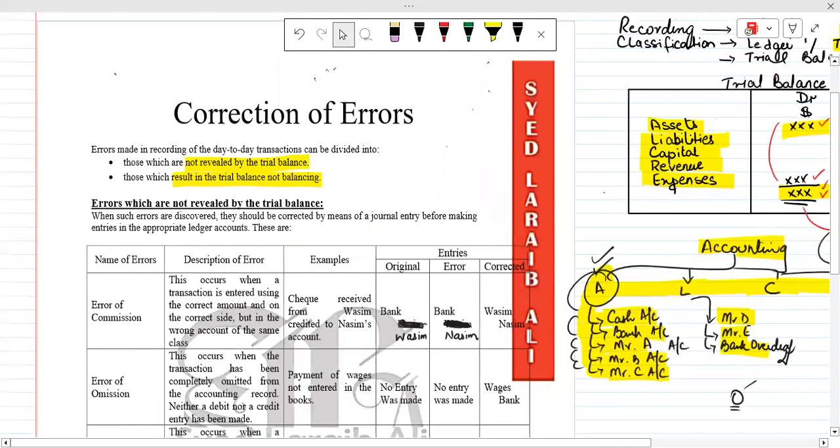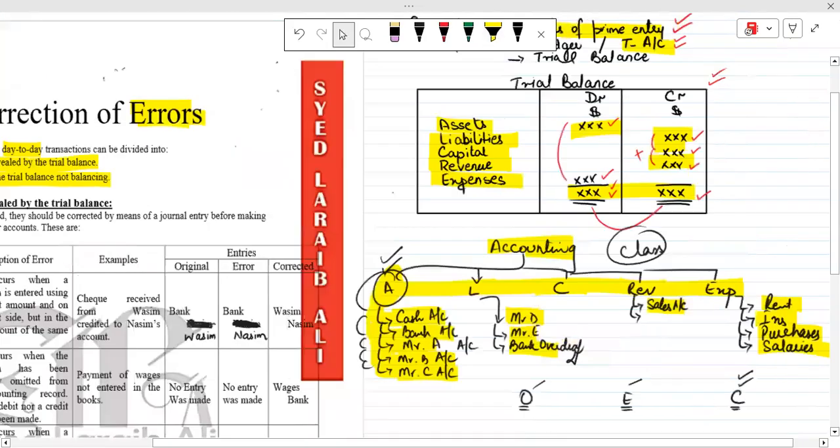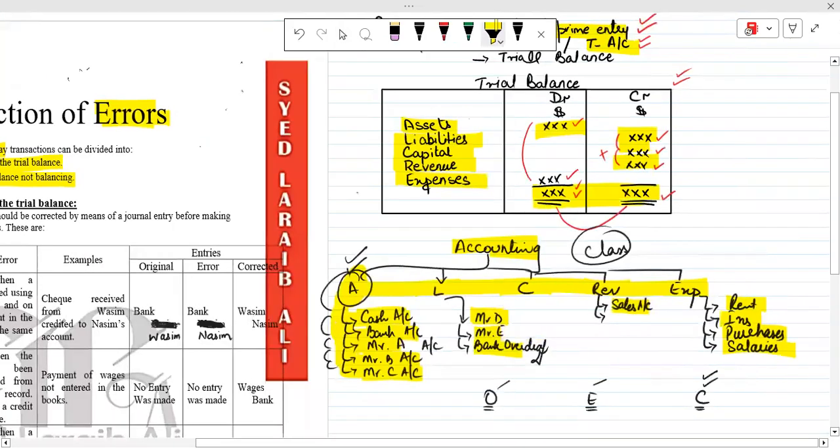As we said, there are errors which occur in day-to-day transactions, and these errors have been classified into two. First, errors due to which the trial balance is not affected. Remember, the trial balance is not going to be affected. Why? Because the trial balance is just a list of balances, the figures.